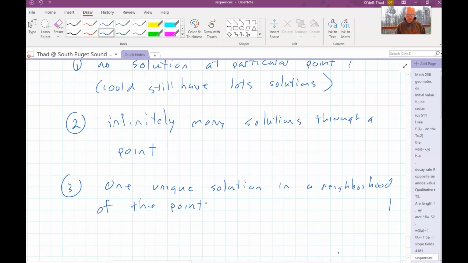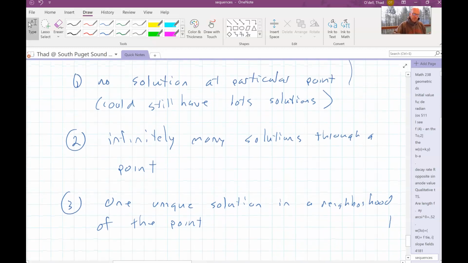Now this neighborhood, of course, we're talking about an open neighborhood, not a closed neighborhood. Those are my three possibilities. I could have no solution at a particular point, I could have infinitely many solutions through a point, or I could have one unique solution in a neighborhood.